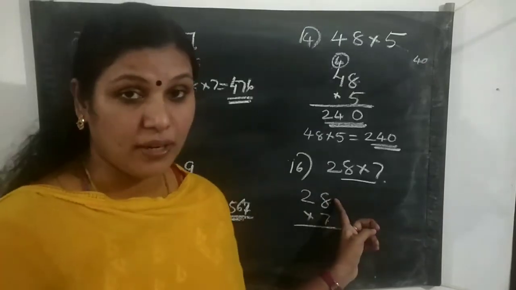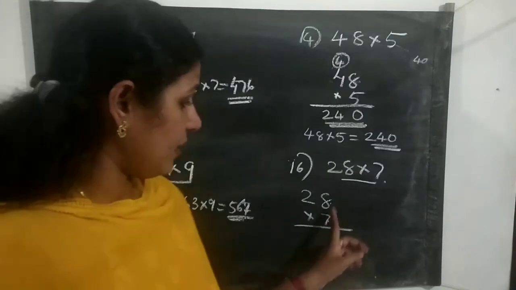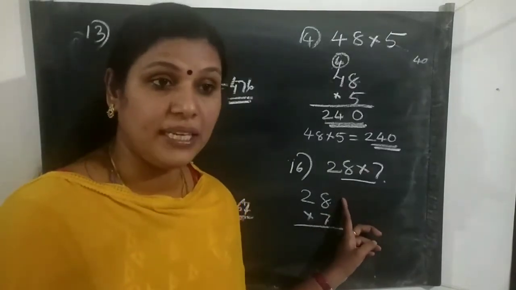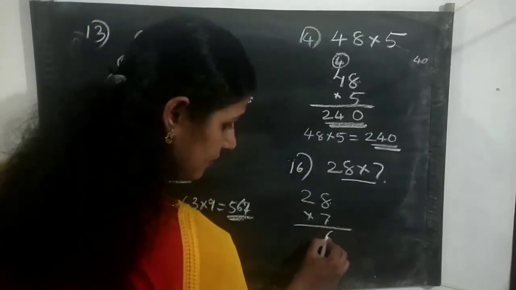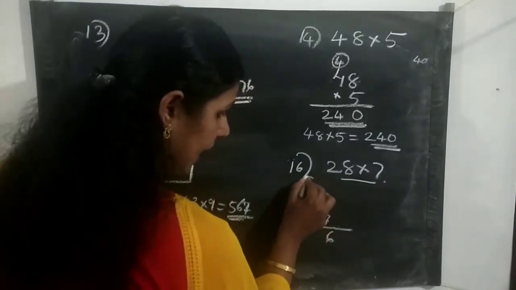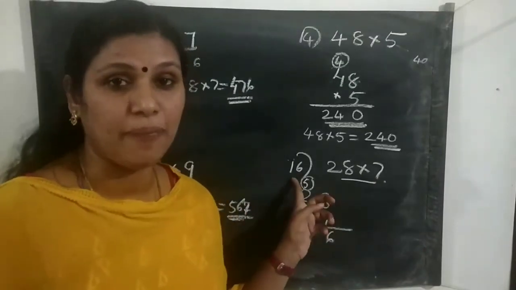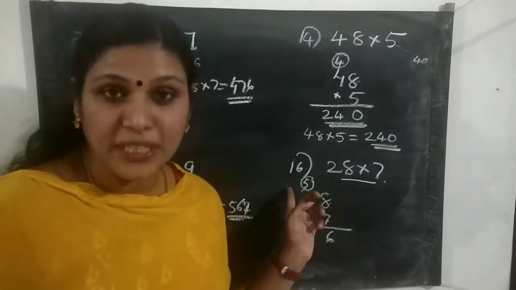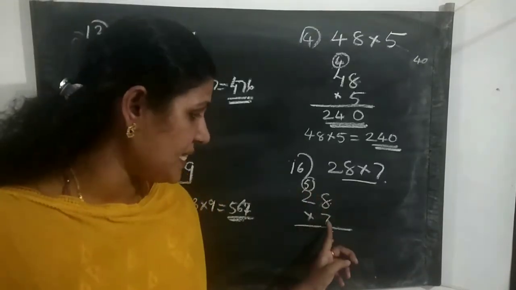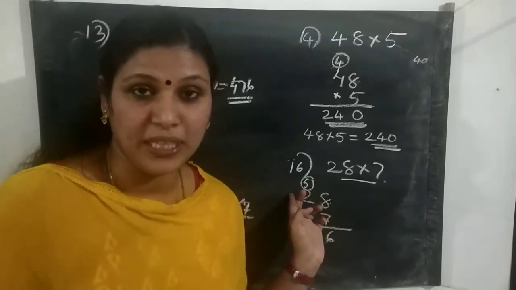7 8s are 56. So 56, we write 6 and the carryover is 5. Okay. The next we multiply 7 into 2. 7 2s are 14.